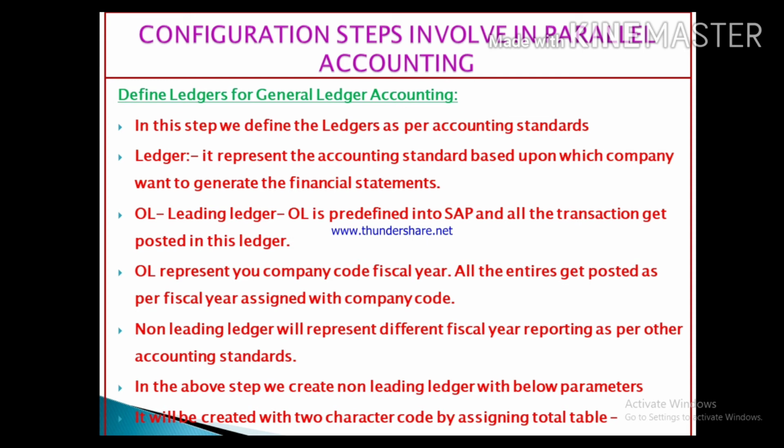As per another fiscal year, if the company wants to generate the financial statement, we have to maintain this non-leading ledger. In this non-leading ledger, we will assign the different fiscal year and different posting periods. On the basis of that fiscal year and posting period, we can generate the financial statements as per the different fiscal year.